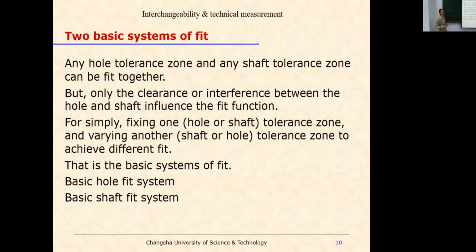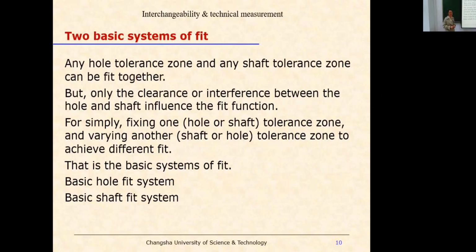We covered it. So any hole tolerance zone and any shaft tolerance zone can fit together. This one fits with the smaller h, so that is a transition fit, right? Transition fit. I mean this hole fits with a smaller h for the shaft.